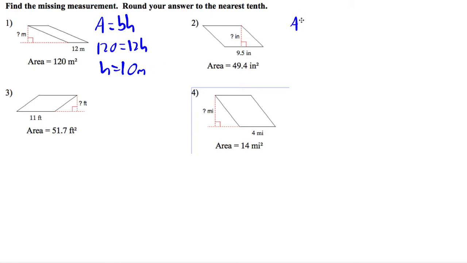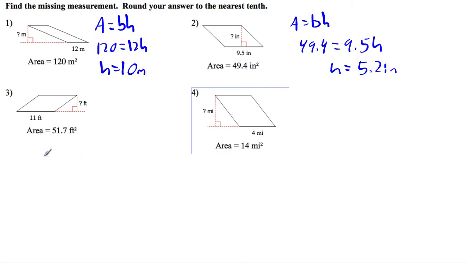For number 2, area is again base times height. So we get that the area, well, the area we know is 49.4, is equal to 9.5h. So we can do 49.4 divided by 9.5. So we get that the height is equal to 5.2 inches.